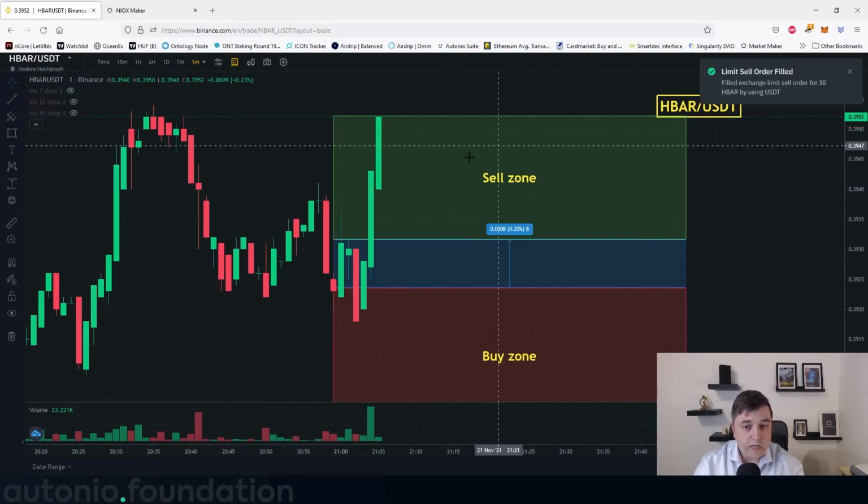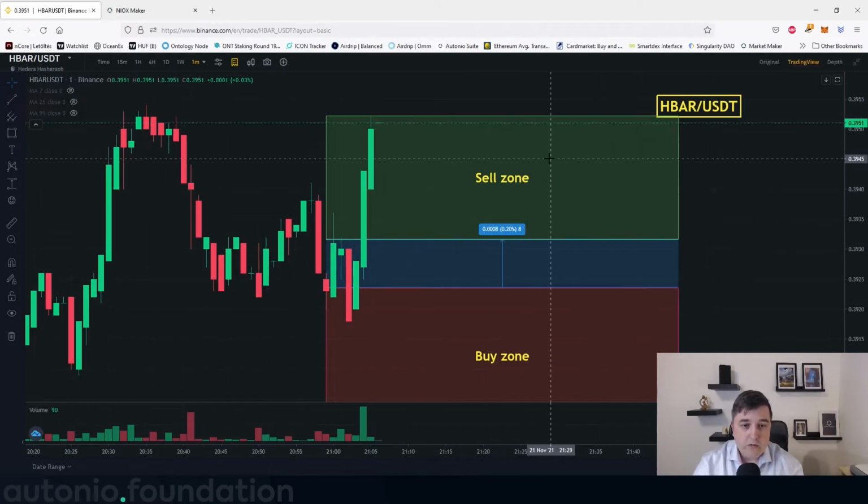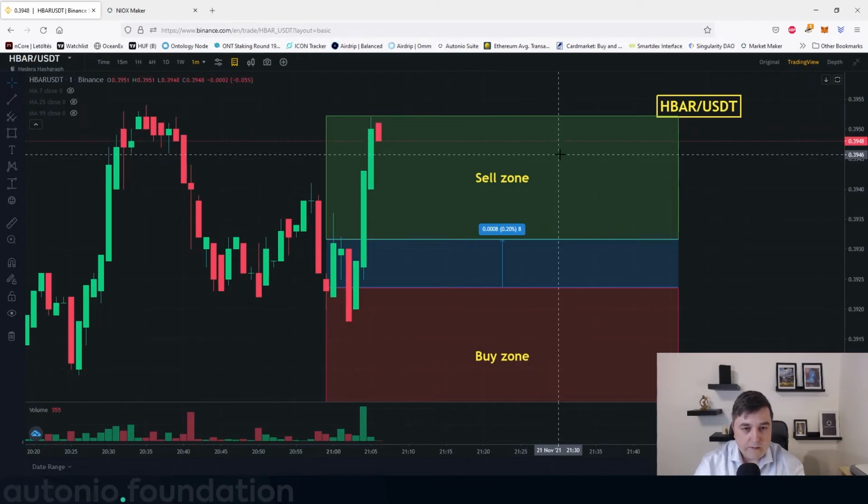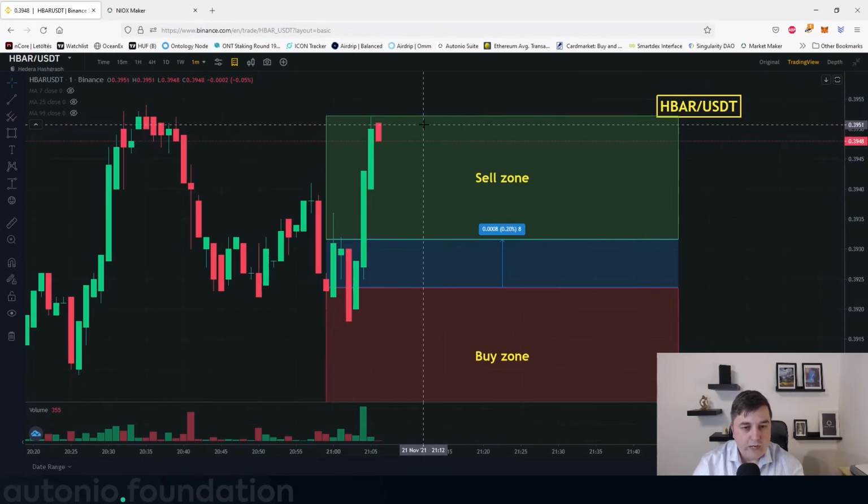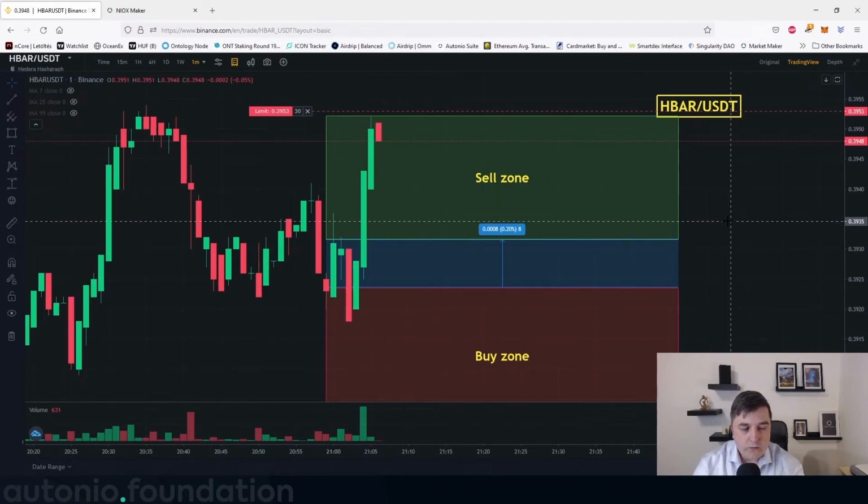Yes, because we are in the sell zone, and because we used smart market maker and spread, the market maker puts out orders over the actual price action. This is very good to harness sudden breakouts, because you will put out orders only if the price goes higher, higher, higher, but you won't put out trades on the falling side.